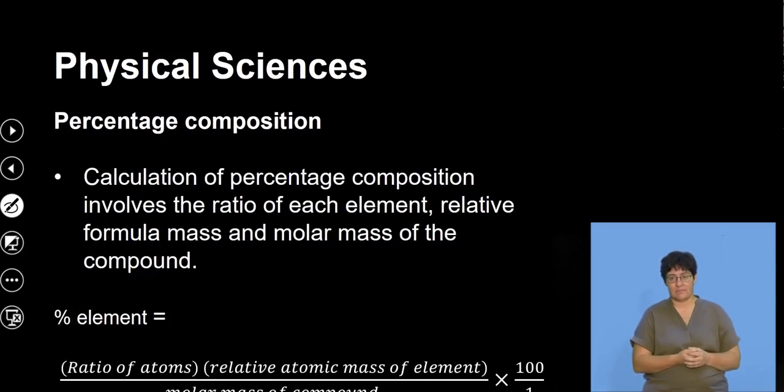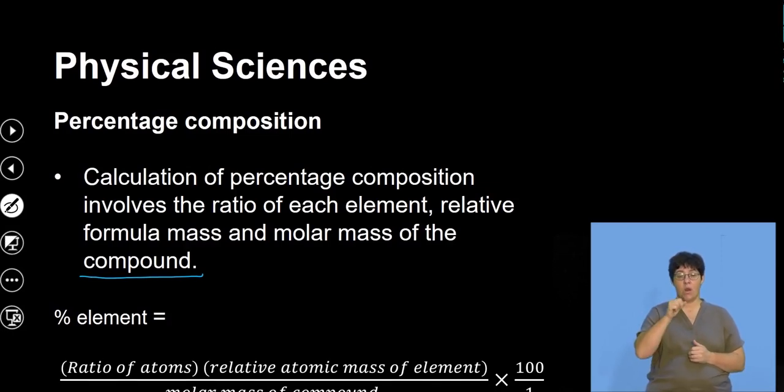Now the calculation of percentage composition involves the ratio of each element relative to the molar mass of the entire compound. When we talk about the molar mass of the entire compound, we look at the correct chemical formula and begin to add. But remember, in some cases, there can be more than one atom per formula or per molecule of an element, so we also need to take that into account.